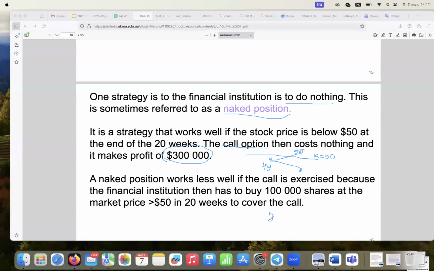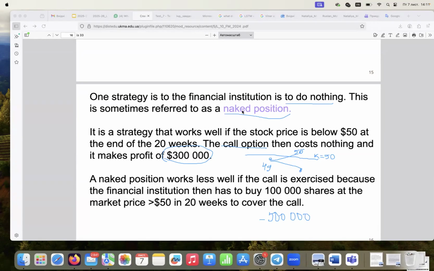So it is 500,000 that we need to pay. So it is our loss. But before, people bought these options, so 300 minus 500, you see, our profit is negative. It is our loss, 200,000.